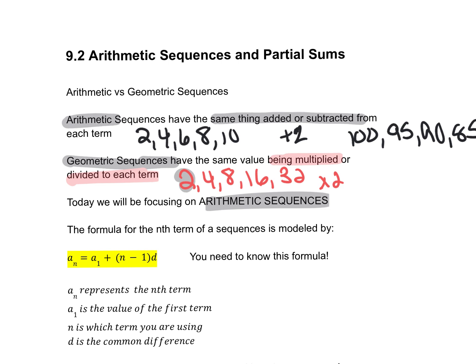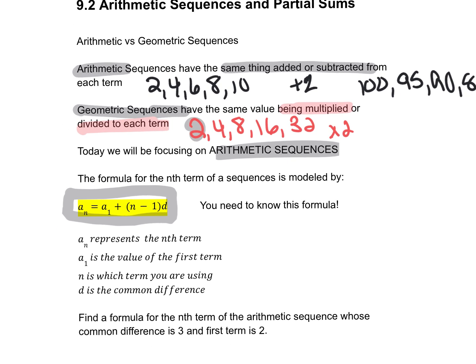There are a lot of formulas that you're going to need to know and remember and know how to use. One of them is the formula for finding the nth term of an arithmetic sequence. It's highlighted. It's one of those that you're going to need to know, one of those that you should just tattoo on the back of your eyelids. Again, this is going to give us a rule for how to find any term in the sequence.